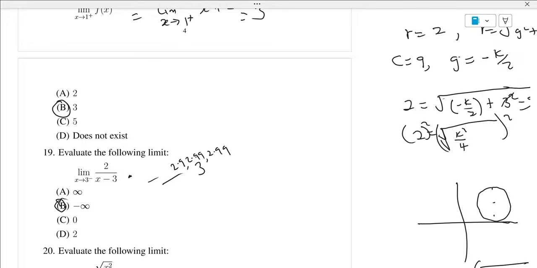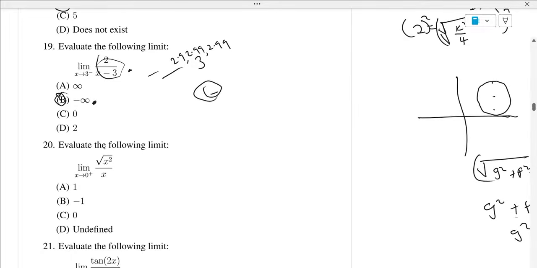Now you put this into the calculator, and what happens? You see that you'll be getting very large negative values. And so this function approaches negative infinity. Now question 20, let's move to question 20.